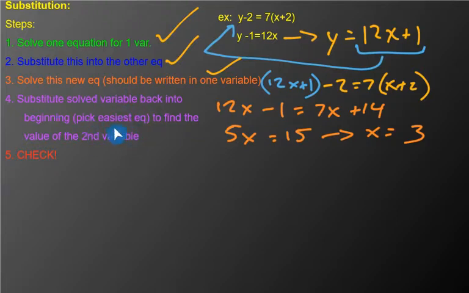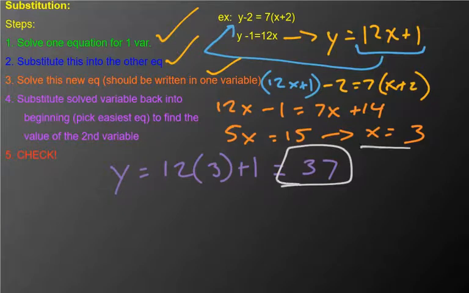I always recommend you pick the easiest equation to find the value of the second variable. If you know what x is, you have this equation right here that's solved for y, so I would just plug it into that. y equals 12 times 3 plus 1, which is 37.